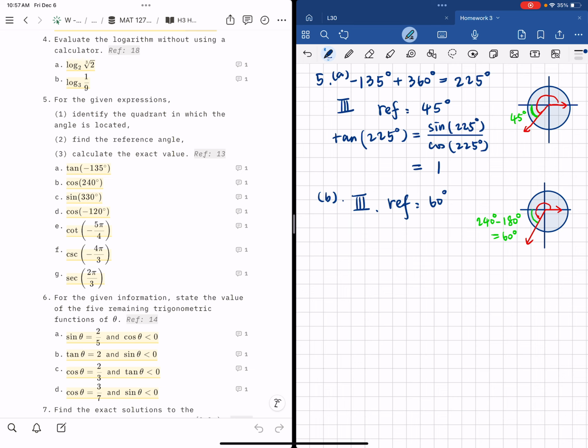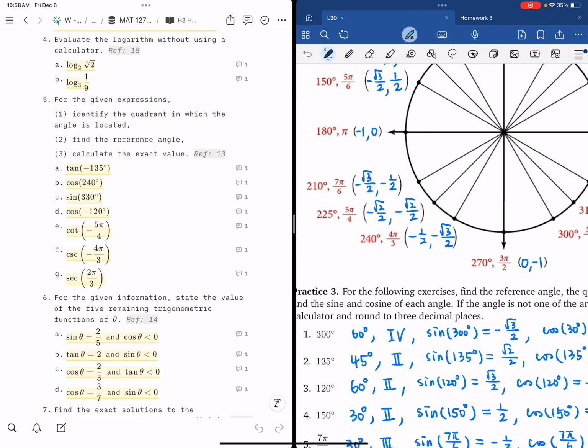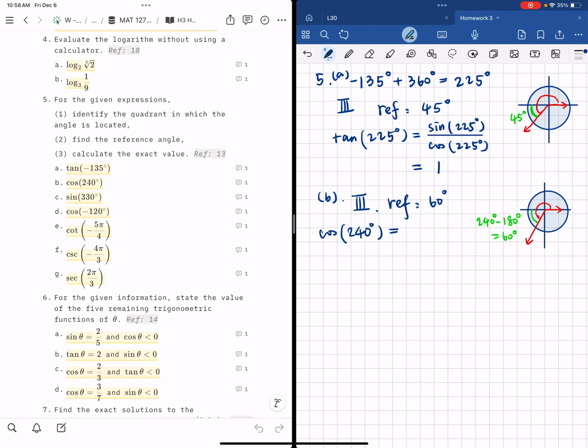And then you could just use the unit circle because this is also an angle that's on the unit circle. And it's cosine, so it should be pretty easy to identify. So let's go to your unit circle, 240. We're looking at cosine, so you're looking at the x-coordinate. It's negative 1/2.